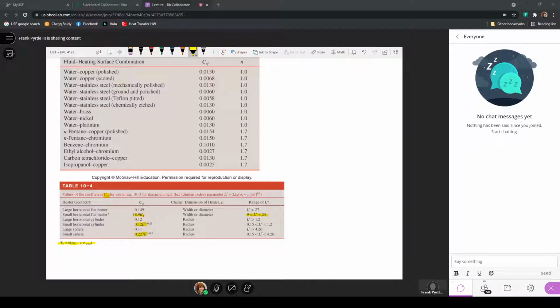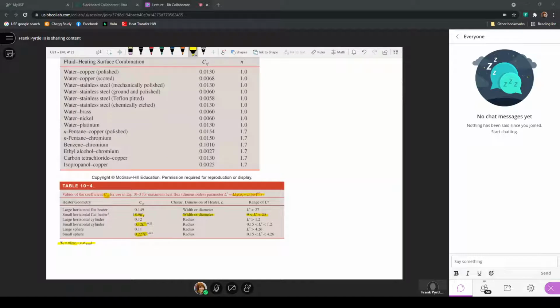L star is defined by this expression, where it's a characteristic length L, where L would be the width or diameter. So if I have the width or the diameter of this small horizontal flat heater, if it's a circular heater, it would just be the diameter. If it's, let's say, a square heater, we would use the length of one of the sides. But this quantity, L, will be substituted into this expression along with these fluid properties to get L star.